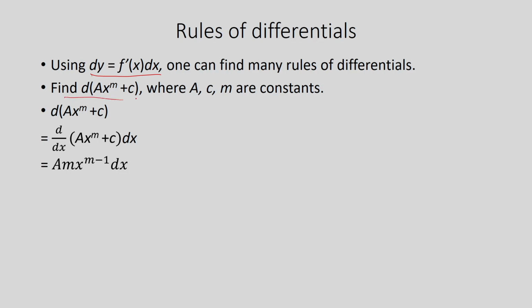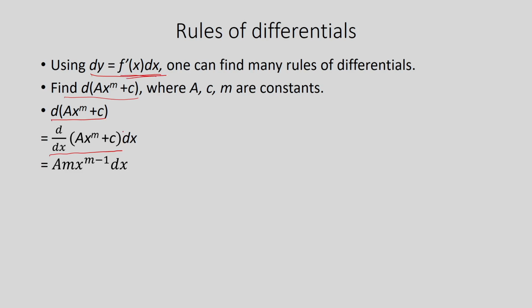So, for example, suppose you have to find out what is d of a x to the power m plus c, where a, c, m are constants. Now, this can be actually simplified, right. So, I am just using the formula here, which is f dash of x dx.